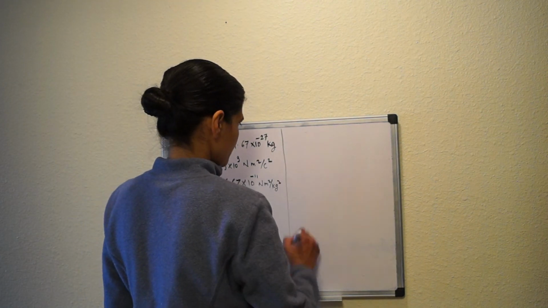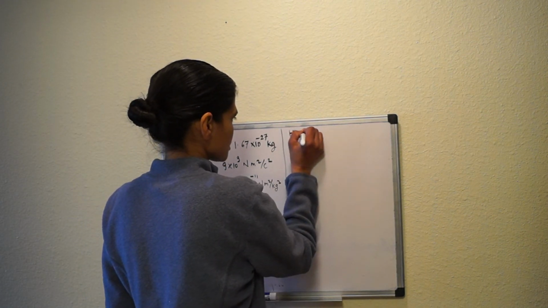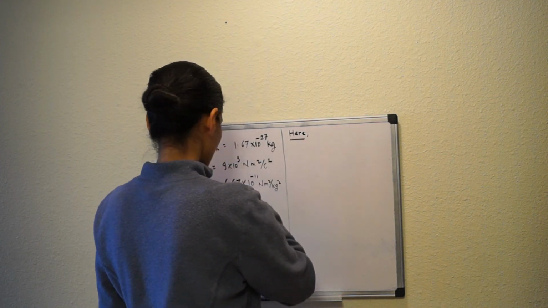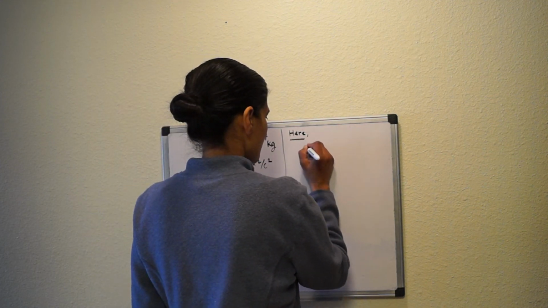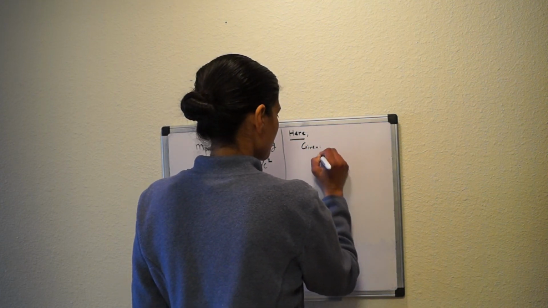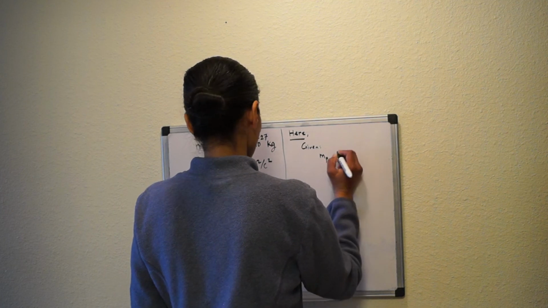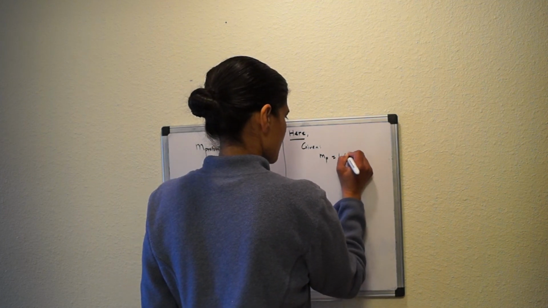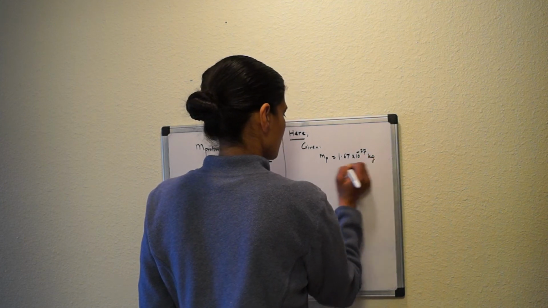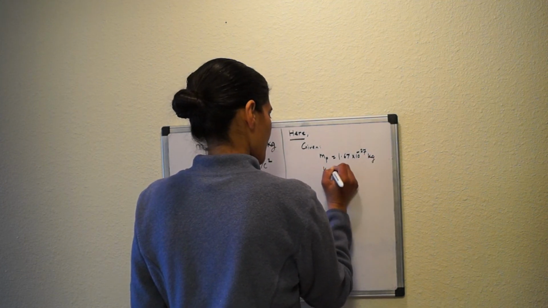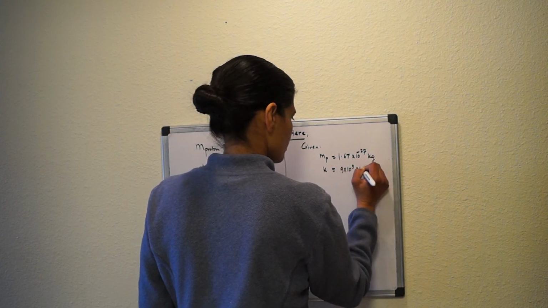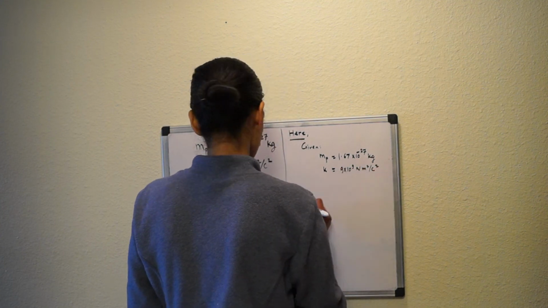Here, let's first write down the given information. Given, I'm going to write MP as mass of proton, 1.67 times 10 to the power minus 27 kg. K as 9 times 10 to the power 9 newton meter squared per coulomb squared.